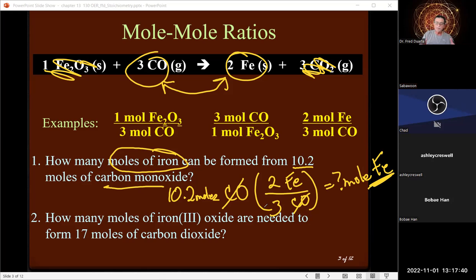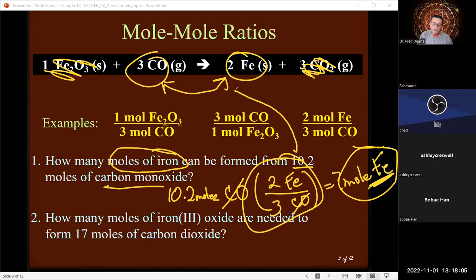So if you look at the way this problem is set up, you're starting off with moles of carbon monoxide, then now you are going over to moles of iron, okay? And to get from point A to point B, you have to find a relationship that relates the carbon monoxide to iron, which comes from the balanced chemical reaction, okay?